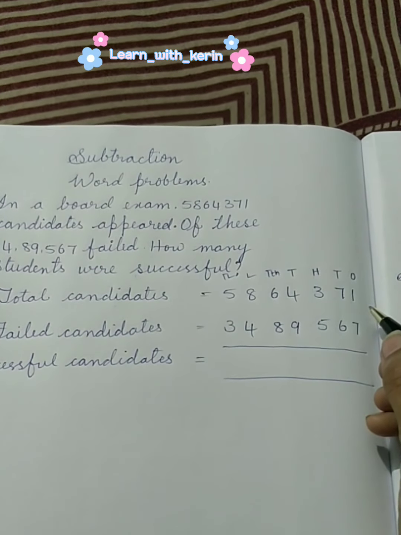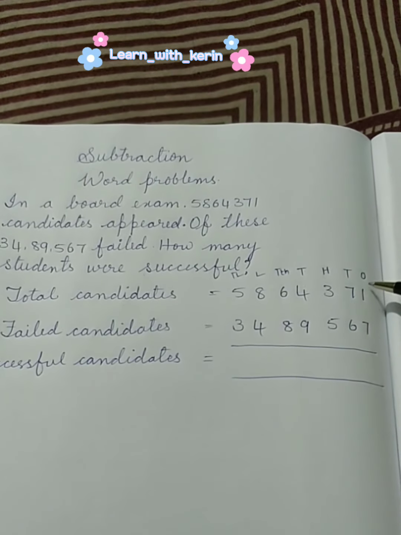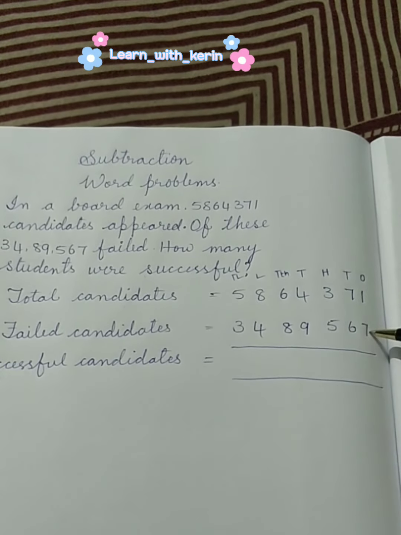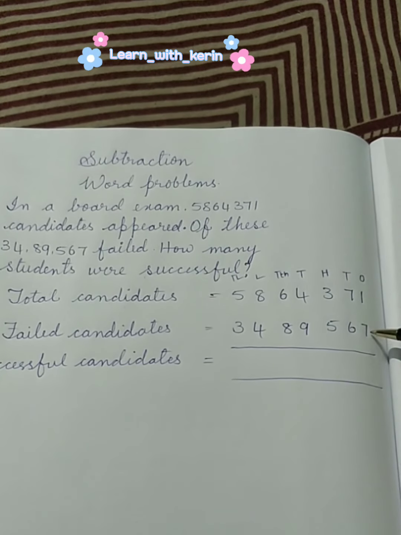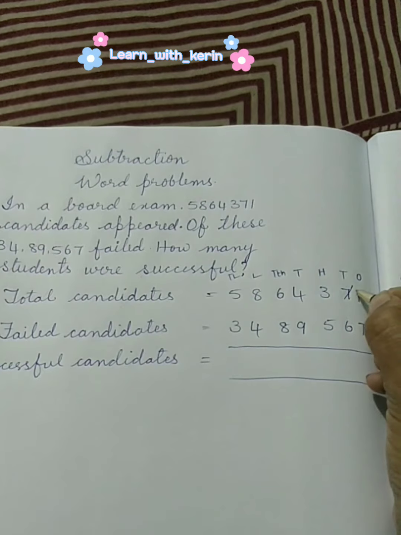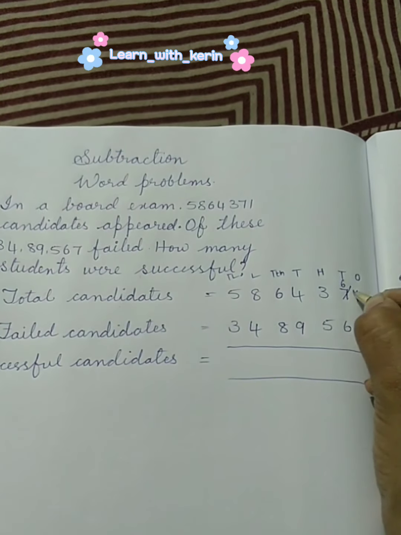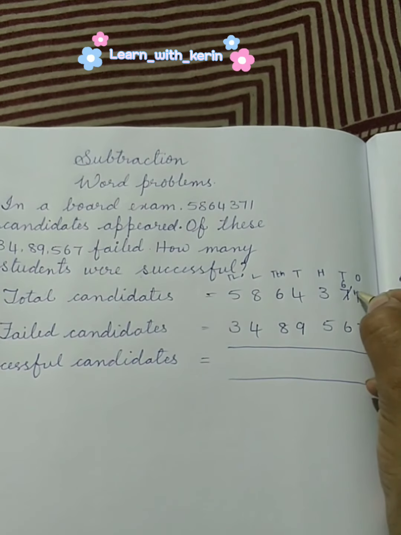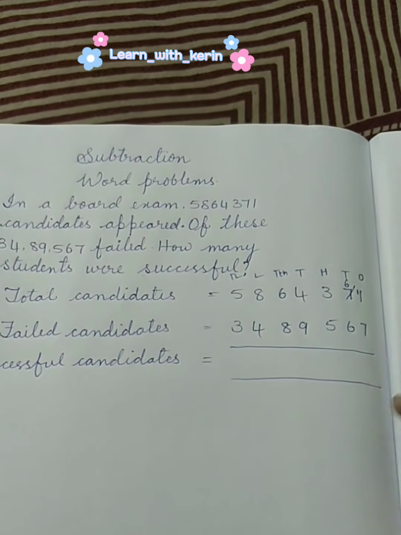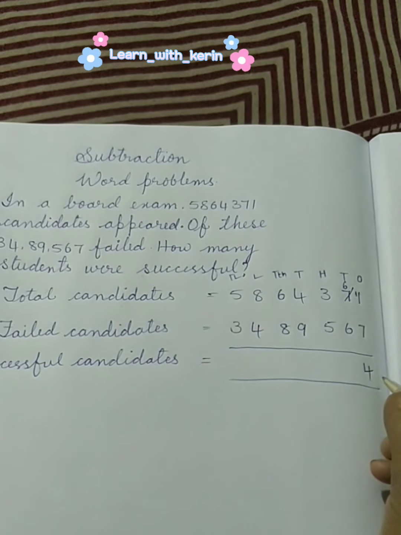Like I said, we have to subtract starting from the ones place. In the ones place, up we have 1 and down we have 7. 1 is smaller than 7, we cannot subtract. So we'll borrow from the neighboring number. From 7, if I give you a 1, 7 minus 1 is 6. So this number, after getting 1, became 11. In 11, if you subtract 7, the remainder would be 4.